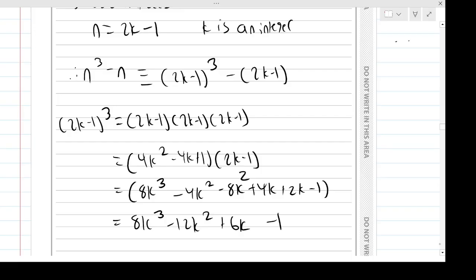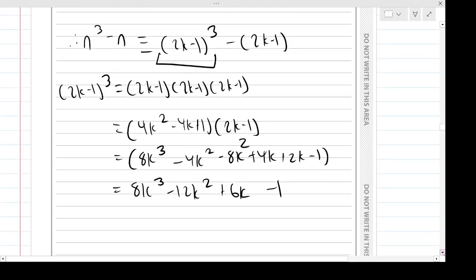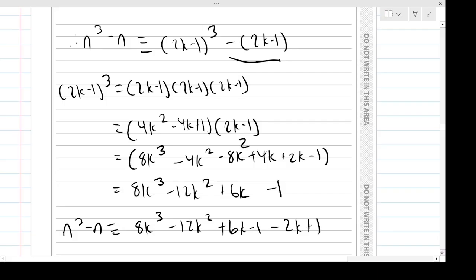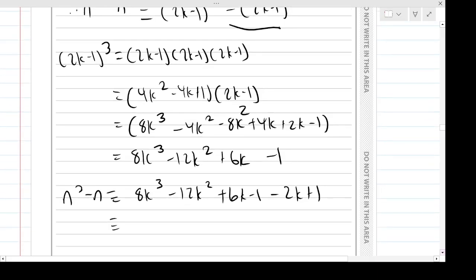We can substitute that expansion in. So n cubed minus n is 8k cubed minus 12k squared plus 6k minus 1 for 2k minus 1 cubed, then I'm subtracting 2k minus 1, so that's minus 2k plus 1. Collecting like terms, that's 8k cubed, take away 12k squared, 6k take away 2k plus 4k, and the 1s cancel.